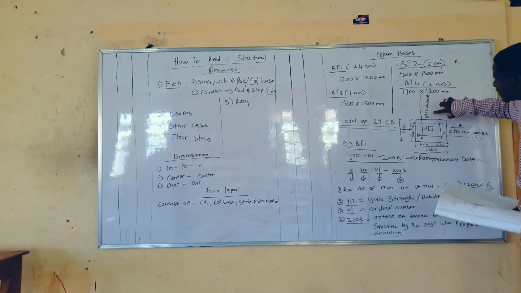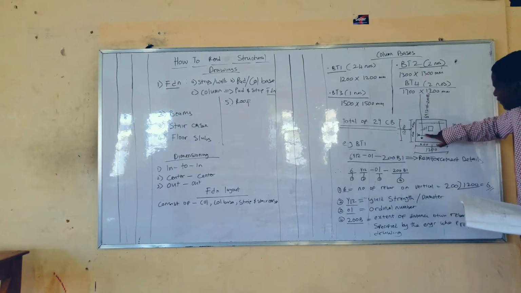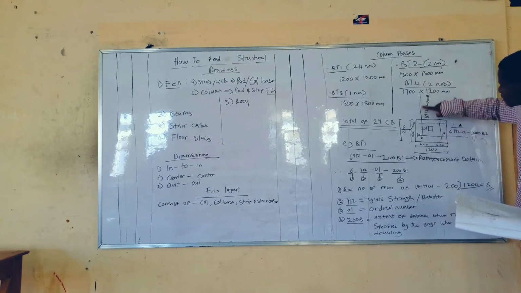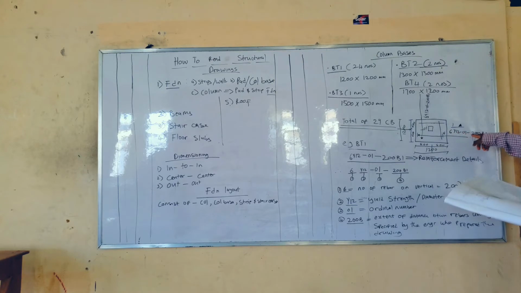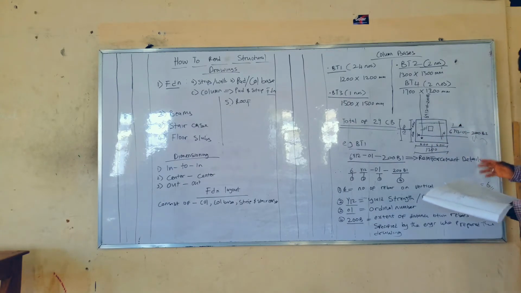You can see it here. This is a 12Y. See, this is the reinforcement. 12Y 01 200B1. Here, 12Y 01 200B2. Then this box, like I said, stands for the column, but we're not dealing with the column now.